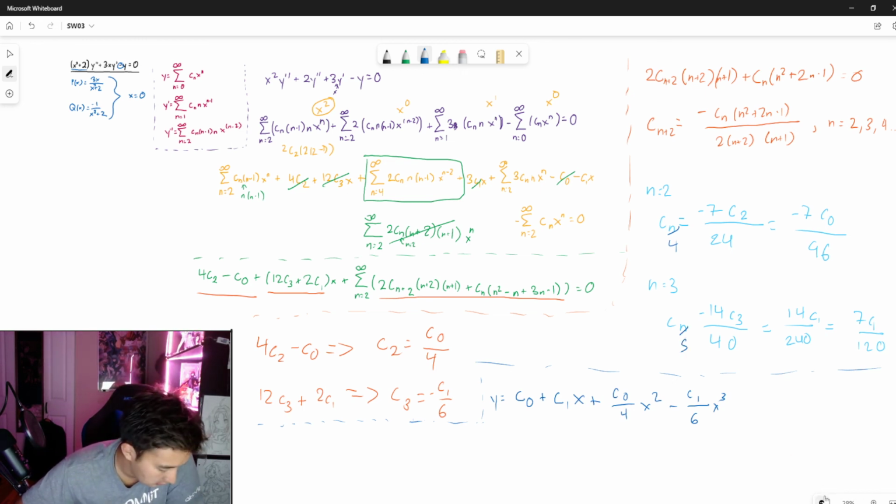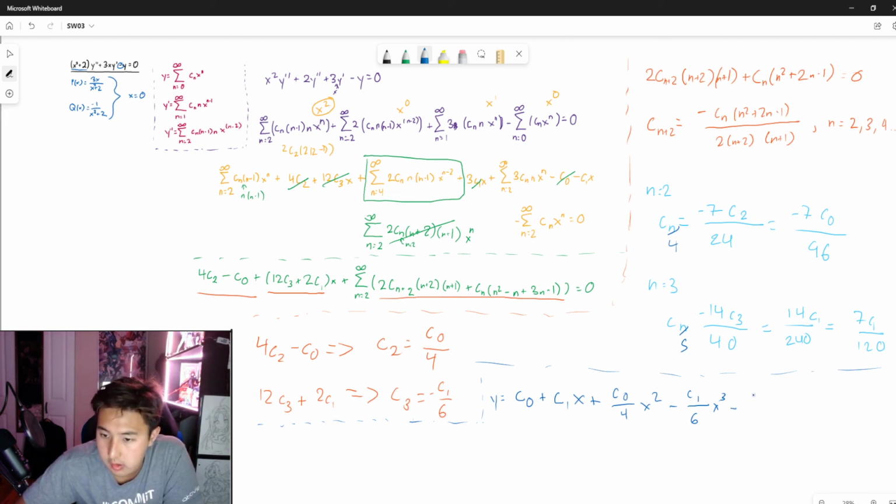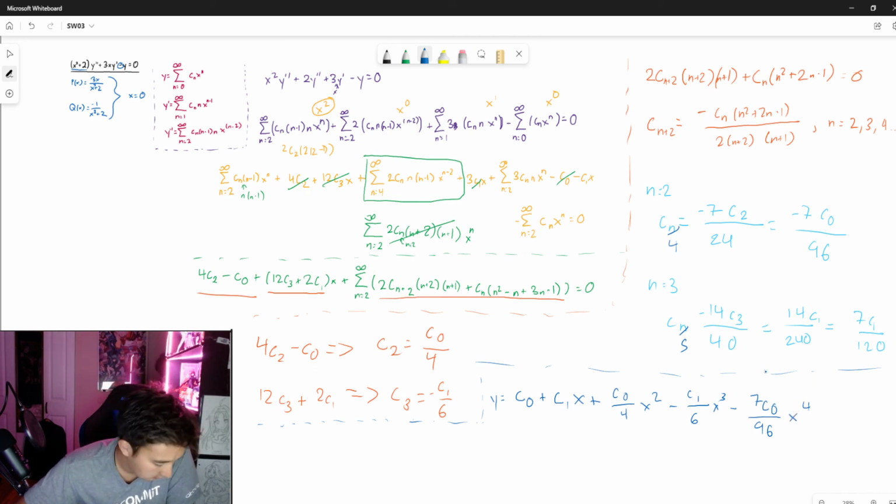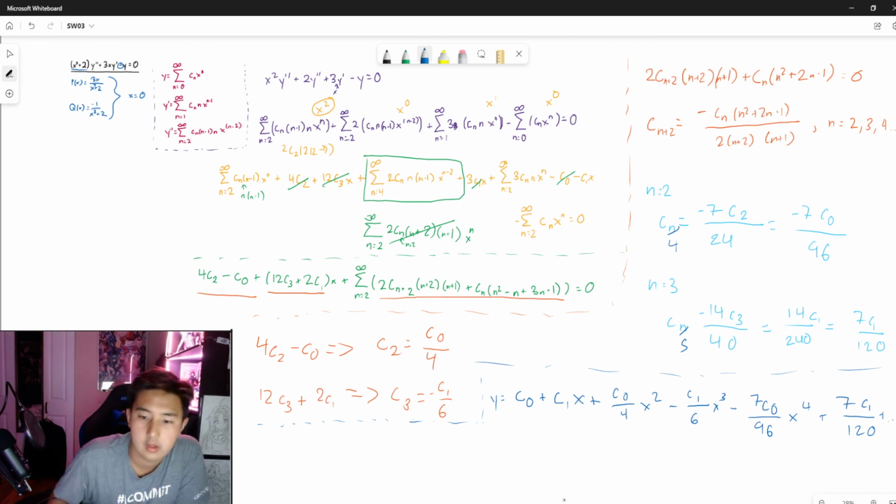So C4 in this case would have been minus 7 C0 over 96, times x to the fourth, and then C5 would have been 7 C1 over 120. And then this continues on and on infinitely.